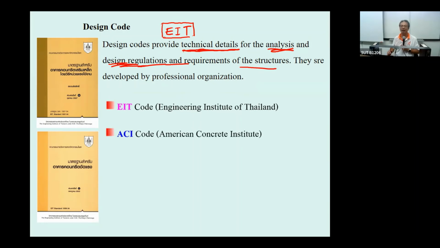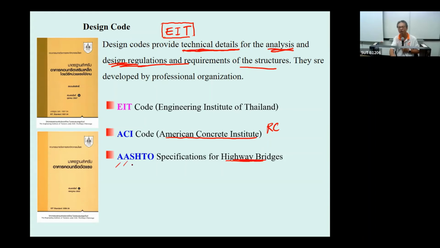In America, you may use the American Concrete Institute for reinforced concrete. If you build highway structures, you have to follow the American Association of State Highway and Transportation Officials.